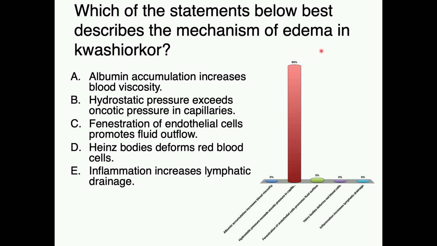So hydrostatic pressure exceeds oncotic pressure in capillaries. That's the best way to remember that. Why do we get hypoalbuminemia in kwashiorkor? Did we talk about that? Why would you think? Not enough in diet. Yeah.